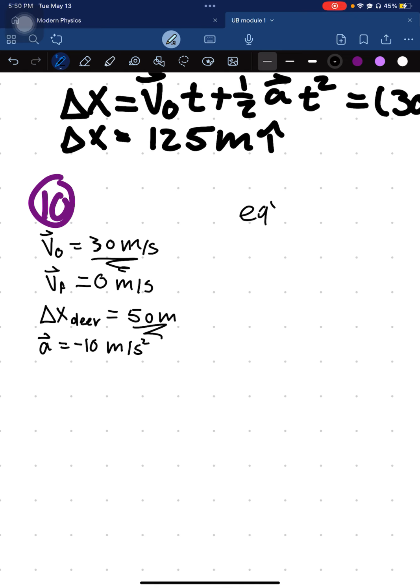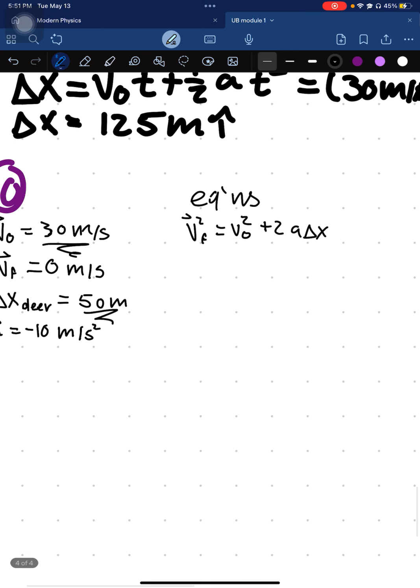whoa, I was going to write out the whole word, but I'm not going to do that actually. I know that for the equations, I'm going to need a delta x, I have a VF, I have a V naught, I have an A. So this is VF squared equals V naught squared plus 2A delta x.